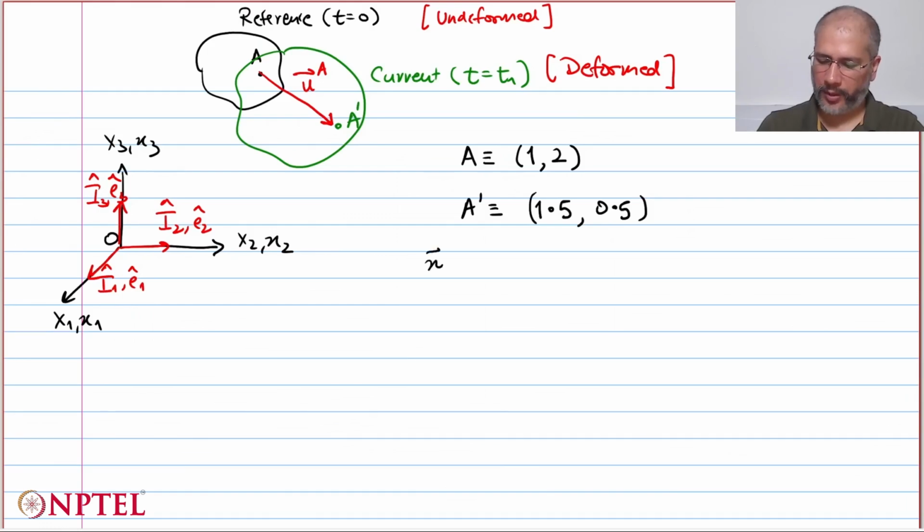So with the availability of the mapping function chi, if I substitute the value (1, 2), which is the material coordinates, that is at t equal to 0. So this refers to the material coordinates.